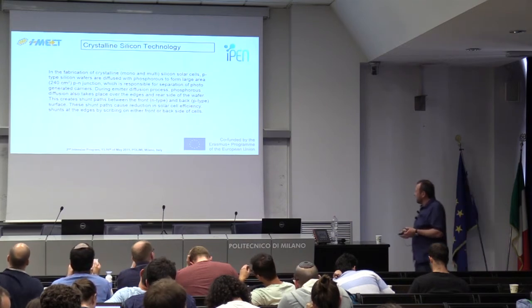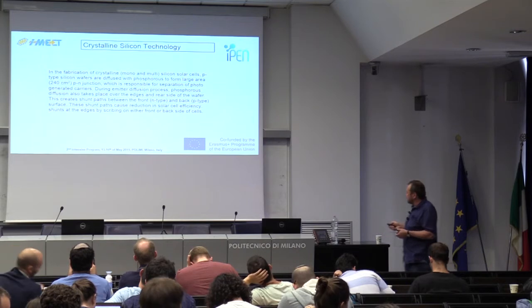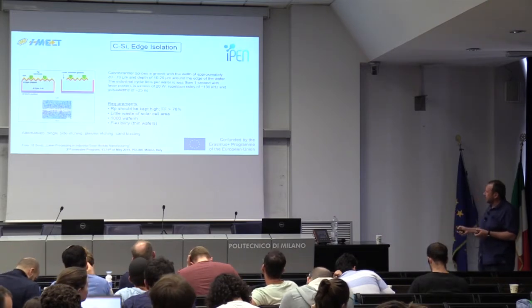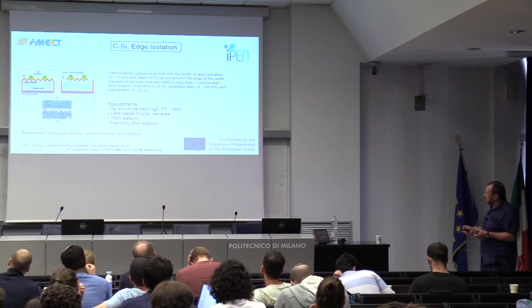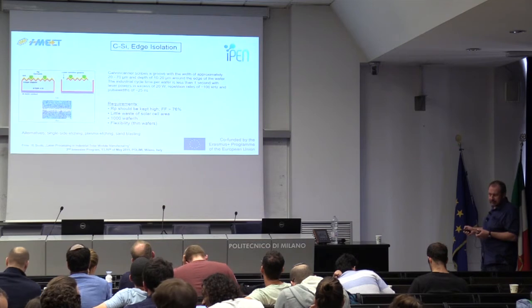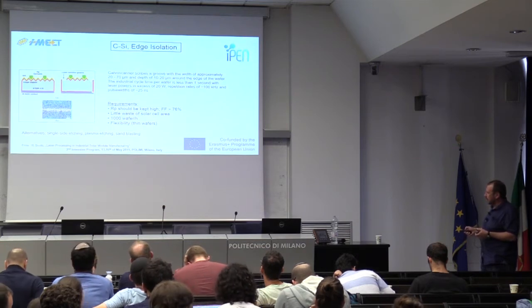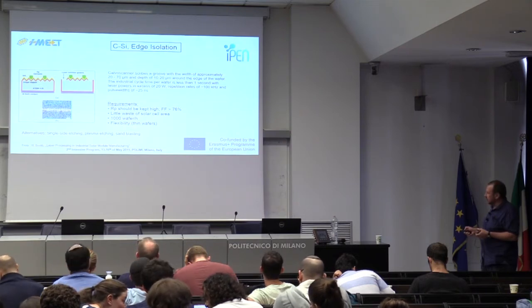Now, during the fabrication, the first thing that has to be done is to cut the edges. It's shown here in the top left figure. So if you don't cut a line at these places, then the cell is short-circuited, because this red layer is very heavily doped.